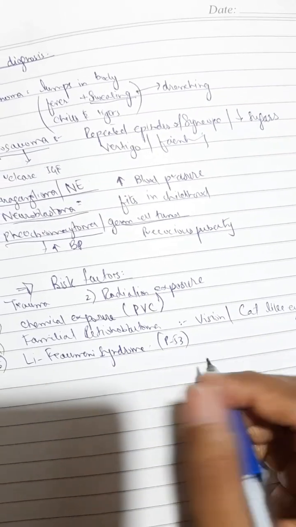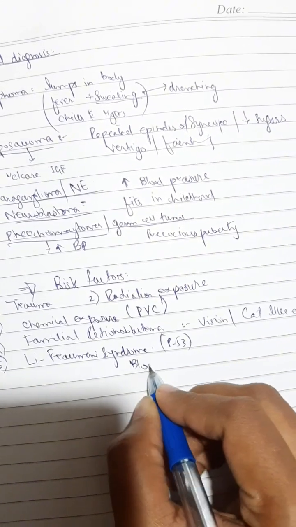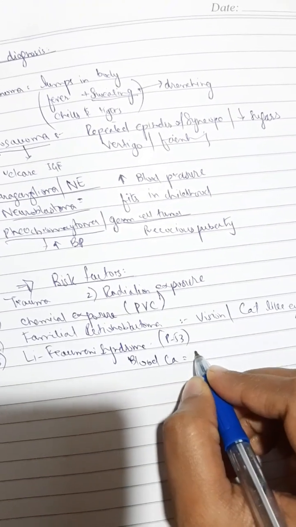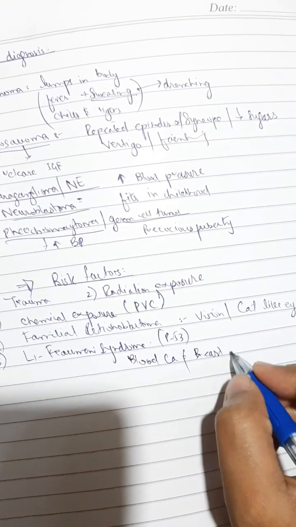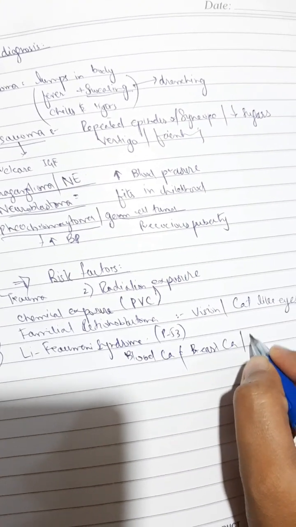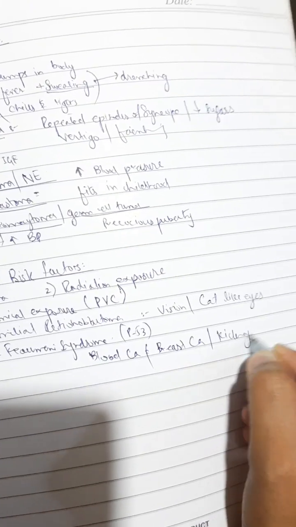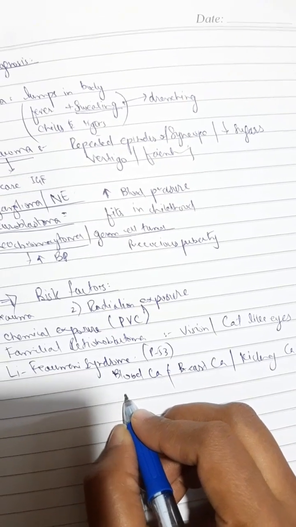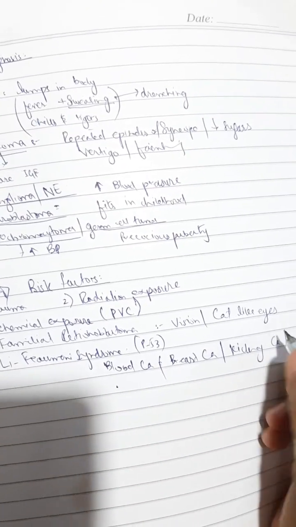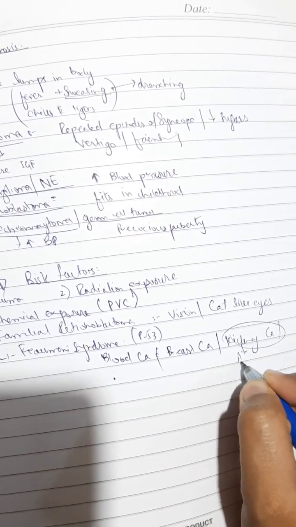So ask about the blood CA, breast CA, kidney CA, and adrenals here.